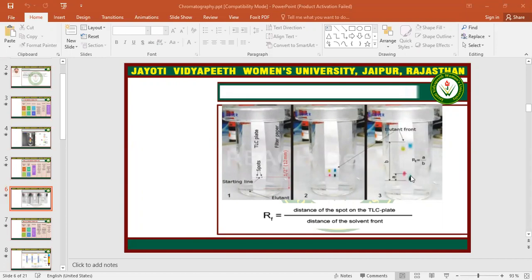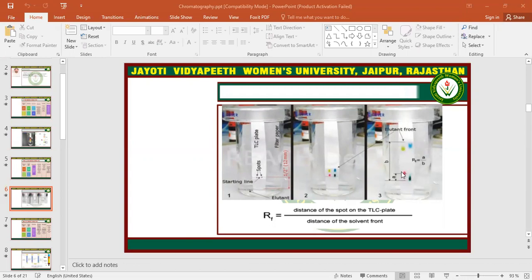If we want to analyze the RF value of this sample, then the distance traveled by the solvent is here, and the distance traveled by sample A, sample B, sample C, sample D. If sample A has traveled till here, then we will measure the distance.